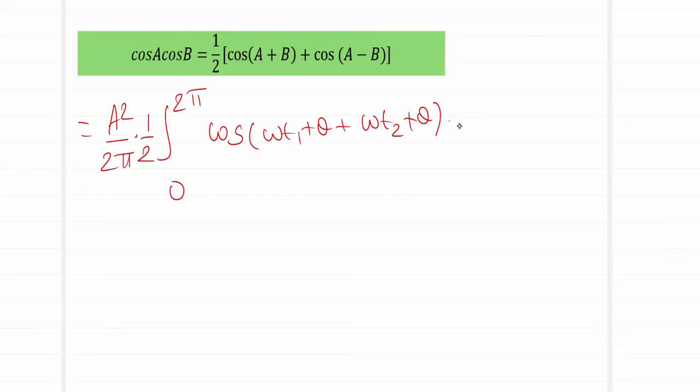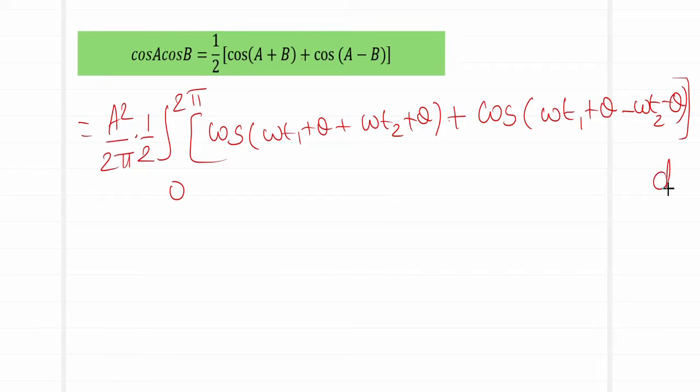And the second term is plus cos(A minus B): omega t1 plus theta minus omega t2 minus theta. The entire quantity has to be integrated with respect to d theta. So I have A square divided by 2 times 2, which is 4 pi.